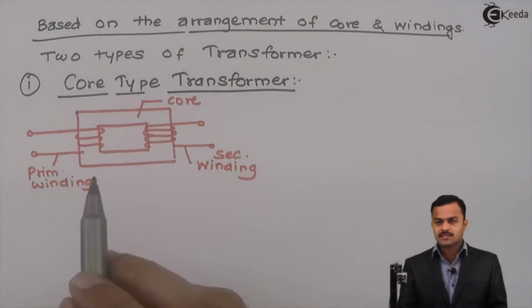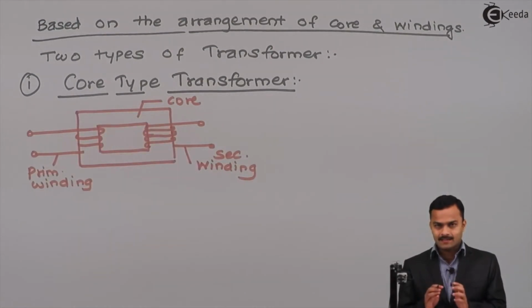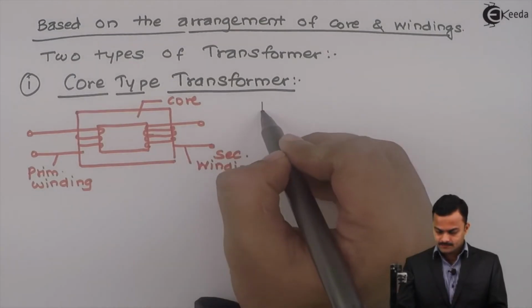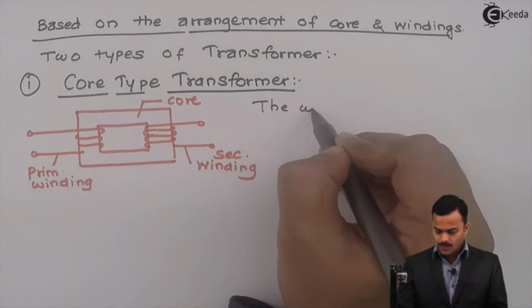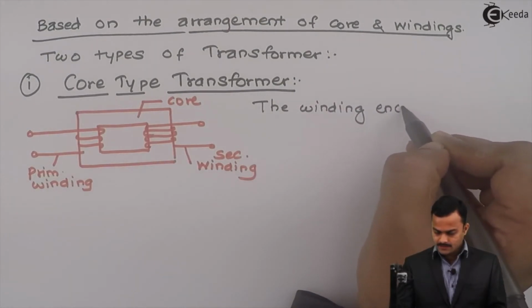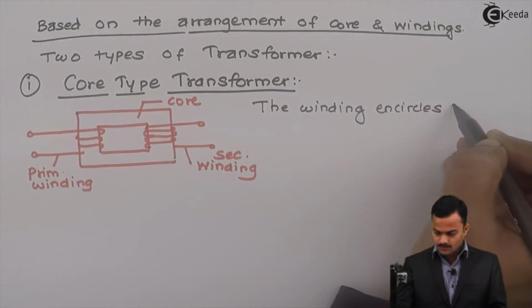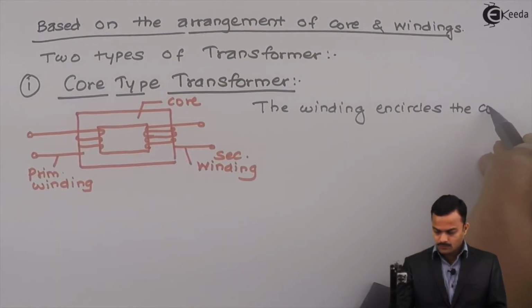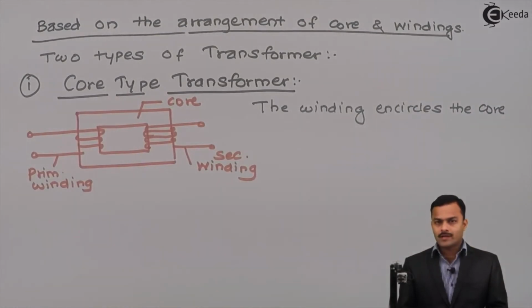Here if you see, core is inside and then we have windings. So I can say the winding encircles the core, or you can say core is surrounded by winding.